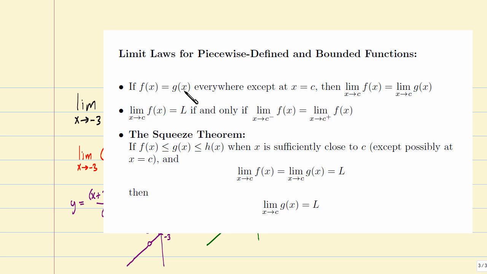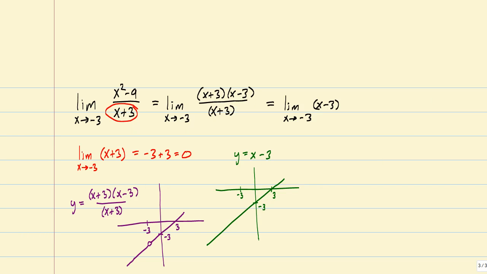If two functions agree everywhere except for at one value, x equals c, and you look at the limiting values of those two functions as x approaches that very same c, they should be equal. Which tells us, yes, indeed, it is okay to cancel from here to here. So let's mark that as such.